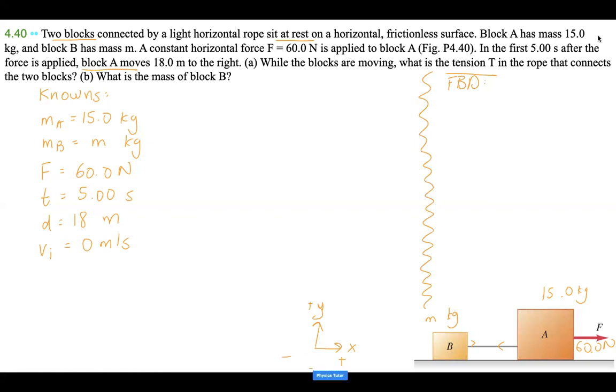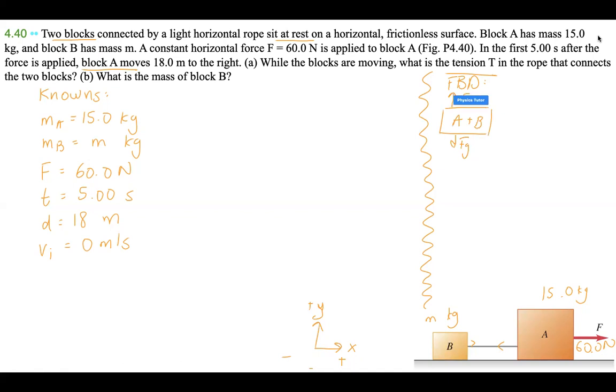Now, our first subsystem is actually the system itself. So let's think of A and B as one system, right? And what are the forces that are working on this? There's the force of gravity, of course, and then there's going to be normal force. Normal force is really interesting.